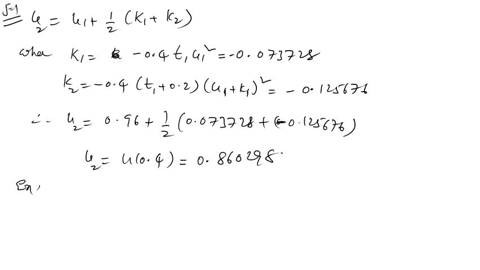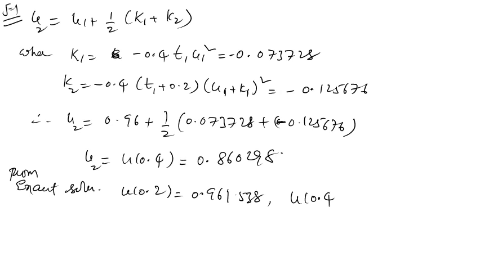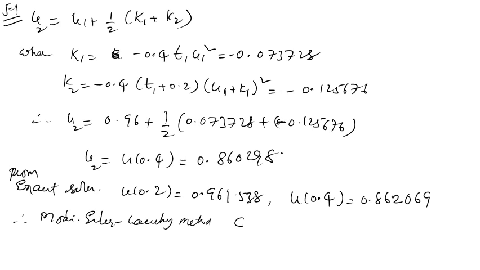Compare with the exact solution. From the exact solution, u of 0.2 is 0.961538, and u of 0.4 is 0.862069. Therefore for the modified Euler-Cauchy method, the error at the point 0.2 is 0.001538, and the error at point 0.4 is 0.004331.